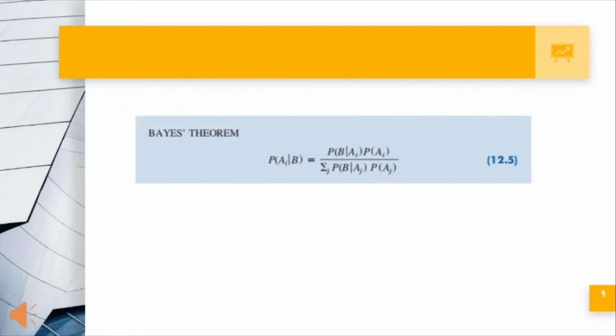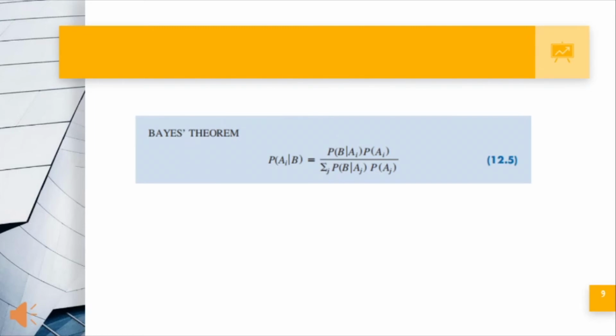The tabular method can be used directly to compute the branch probabilities in the decision tree. Alternatively, equation 12.5 provides a general formula for Bayes' theorem for computing posterior probabilities.